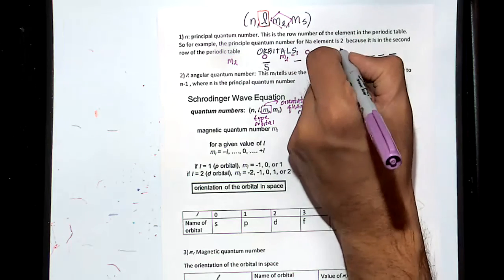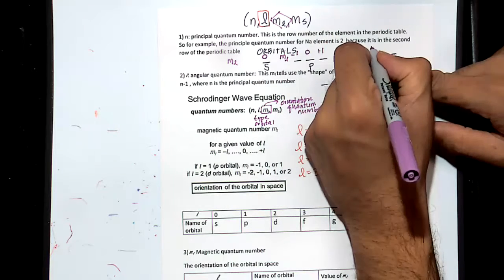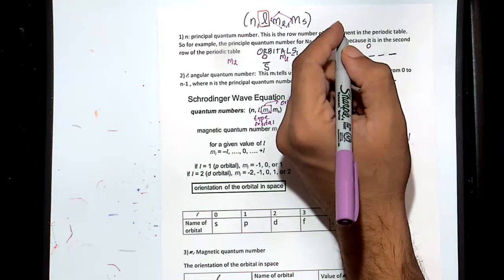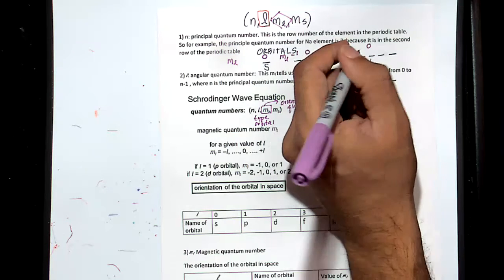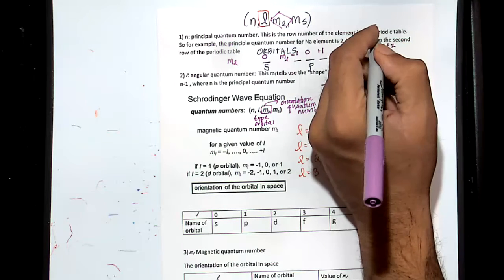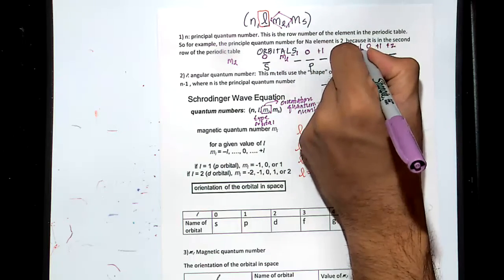m sub L for a d orbital. You're going to take that center slot, and that becomes 0. And then you're going to go sequentially, +1, +2 on the right, and then on the left it's going to be -2, -1.